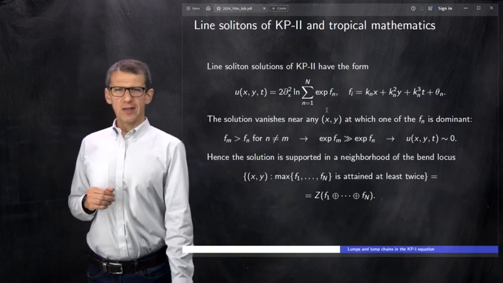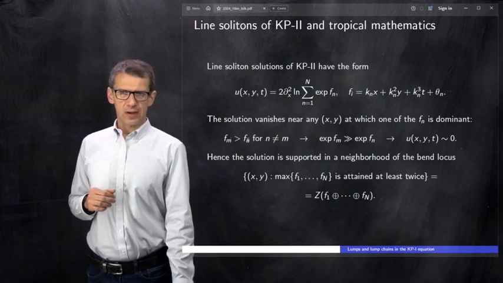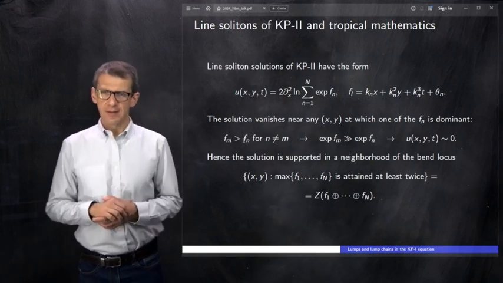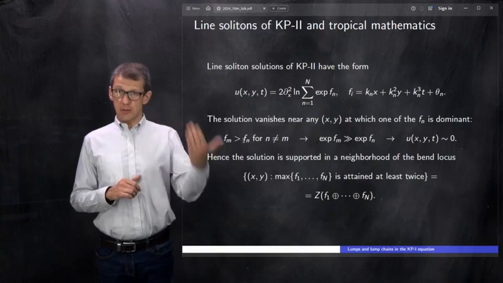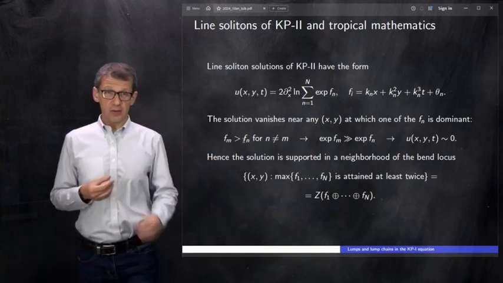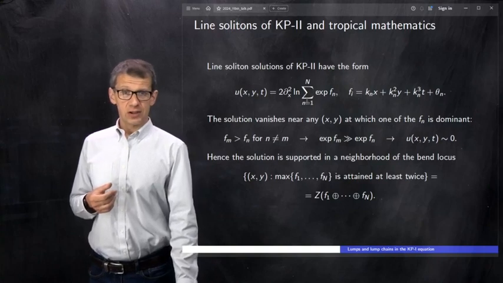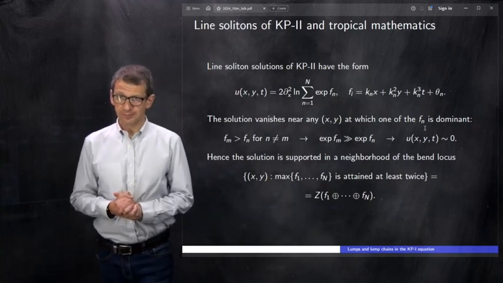So therefore, near any point in the xy plane where one of these terms is dominant, if, let's say, f_m is greater than all of the other f_n's, then the corresponding exponential is going to be exponentially dominant. And so then the sum is not really going to notice it, it's only going to see a single term. And so therefore, taking the second logarithmic derivative will give you something that's exponentially small.